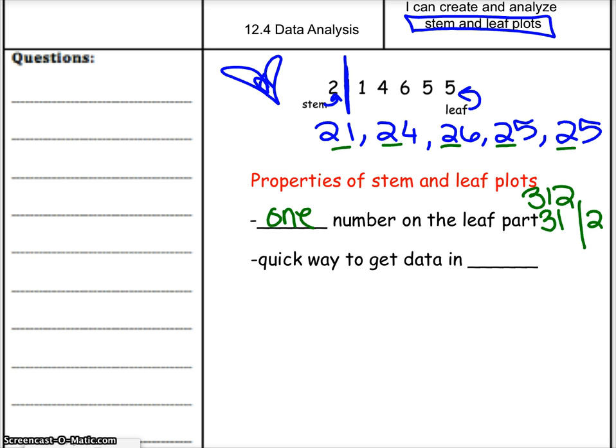Okay? Your stem can have more than one number. And it's a quick way to get data in order. That's the purpose of it. Frequency tables and line plots are quick ways to get data in order where you don't mess anything up. Let's practice stem and leaf, and then you'll feel more comfortable with the process.